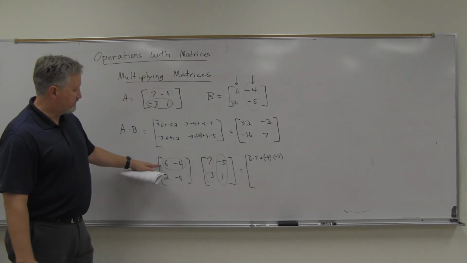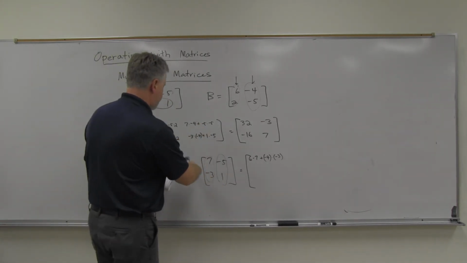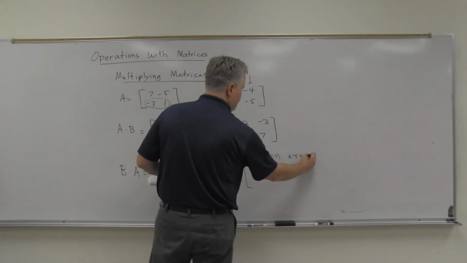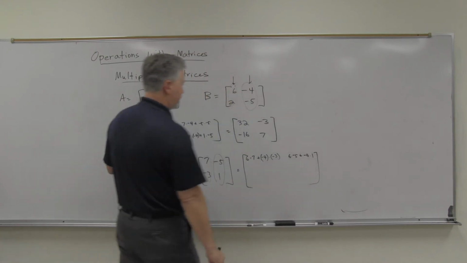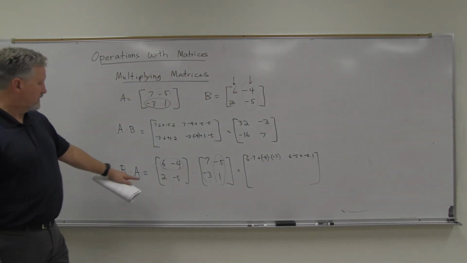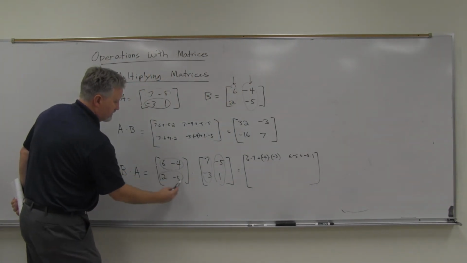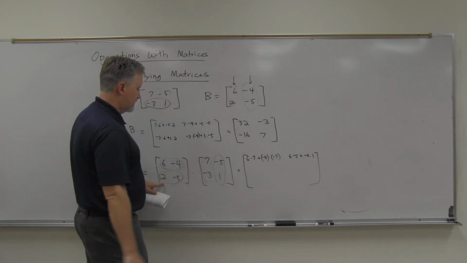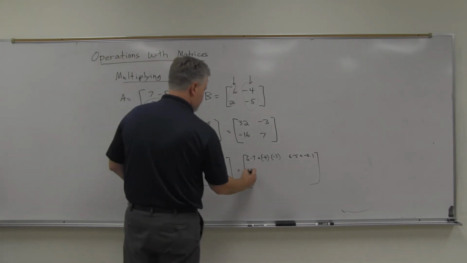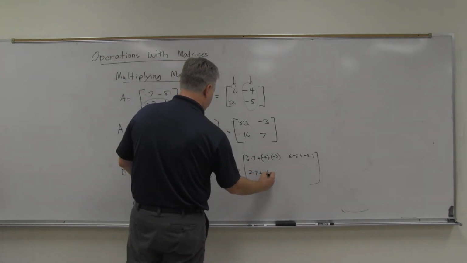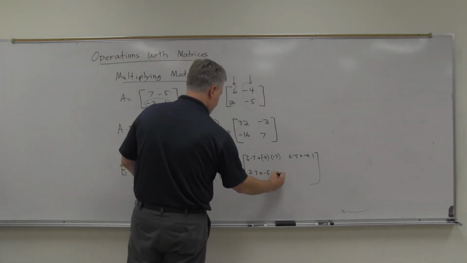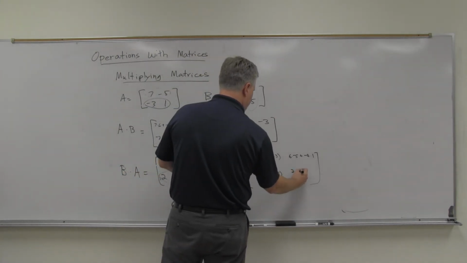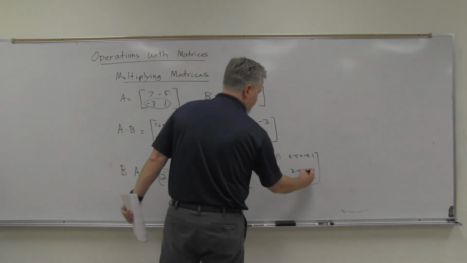And then I take the row times the other column, so it'd be 6 times negative 5 plus negative 4 times 1. Yeah, those aren't going to give me the same entries, are they? And then do the same thing for row 2. 2 and negative 5 times the 2 columns over here, so that'd be 2 times 7 plus negative 5 times negative 3. And then 2 times negative 5 plus negative 5 times 1.